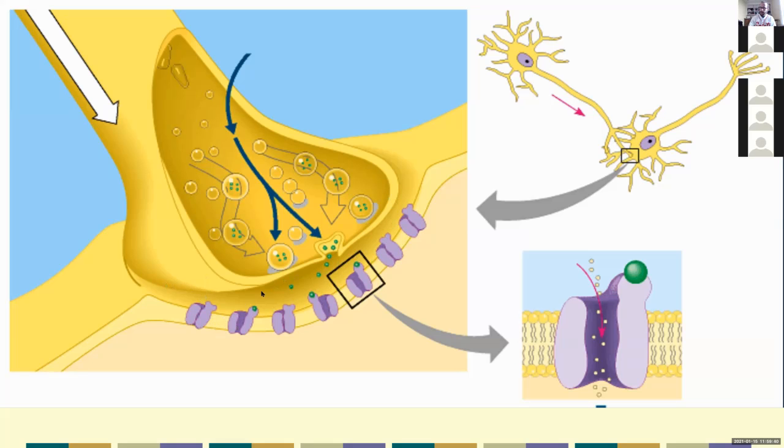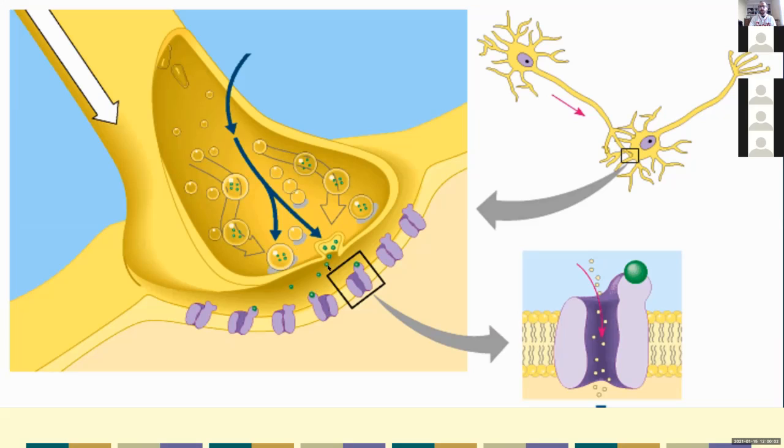There's a little space. So the electrical charge can't continue to the next neuron. What does continue is a chemical that gets released from this neuron to communicate with the next neuron. We call that a neurotransmitter.